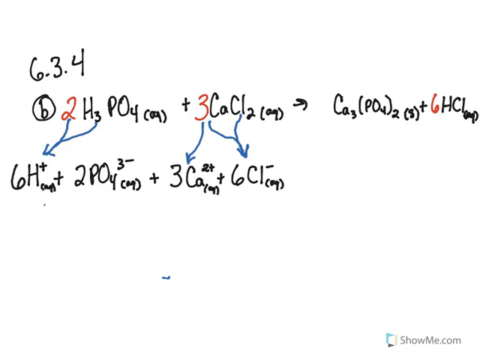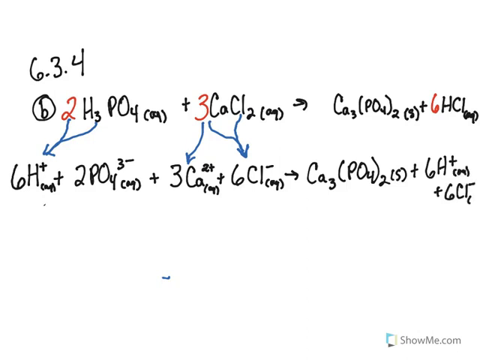And that is going to yield the calcium phosphate, which is going to stay put together because it is a solid in solution. So it doesn't break up into ions, it stays a solid. And then 6H plus and 6Cl minus. And again, I'm going to look for my spectator ions and cancel those out so I can write the net ionic.